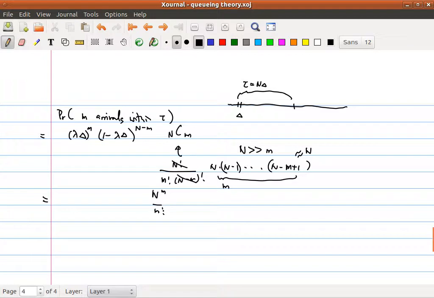Okay, let's see what else we can do for the approximation here.